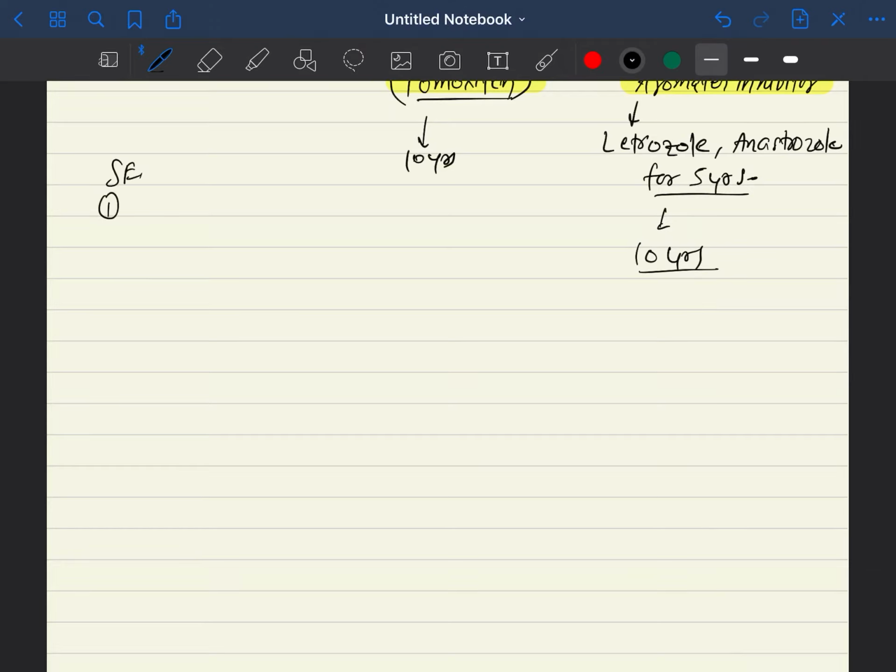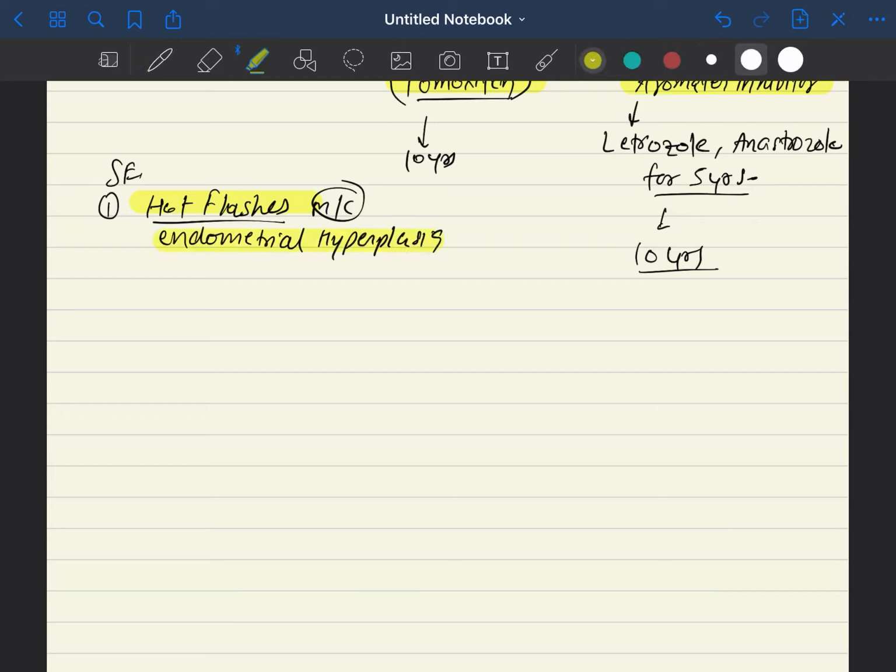The side effect is hot flushes. Actually, this is the most common side effect, hot flushes. There can be endometrial hyperplasia.